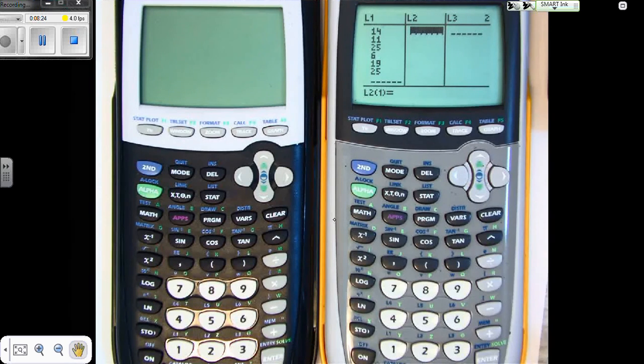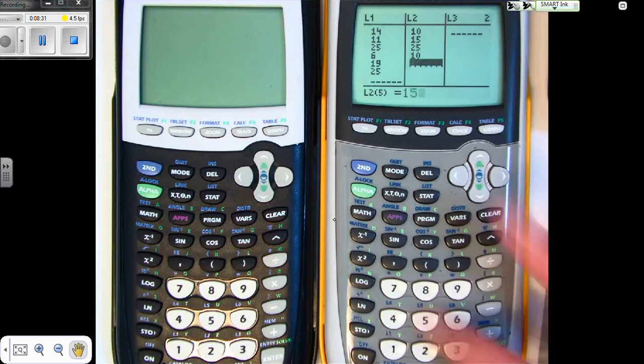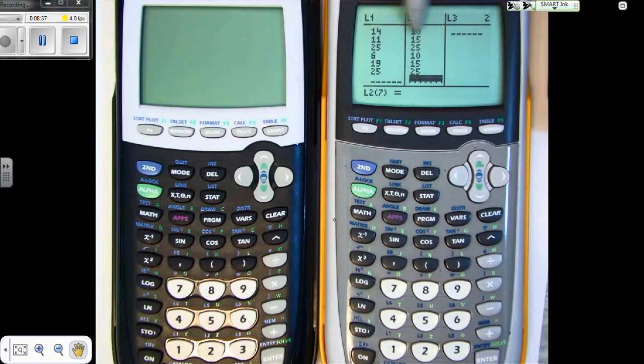List 2 is the expected. So 10, 15, 25, 10, 15, 25. Because remember, these have to be linked together. Observed, expected, observed, expected, observed, expected. These 3 are the Redwood. Observed, expected, observed, expected, observed, expected. These 3 are for Mount Whitney.